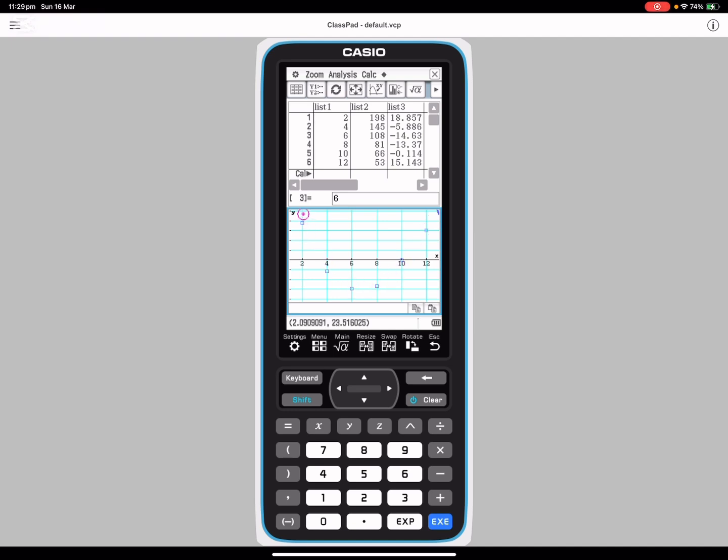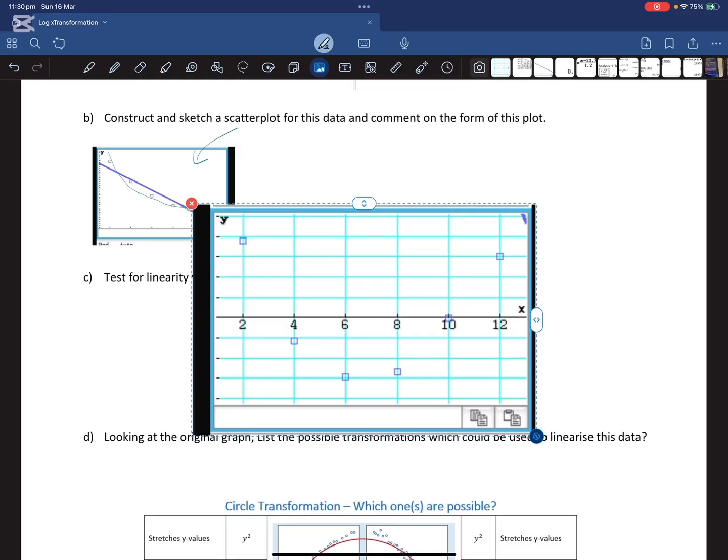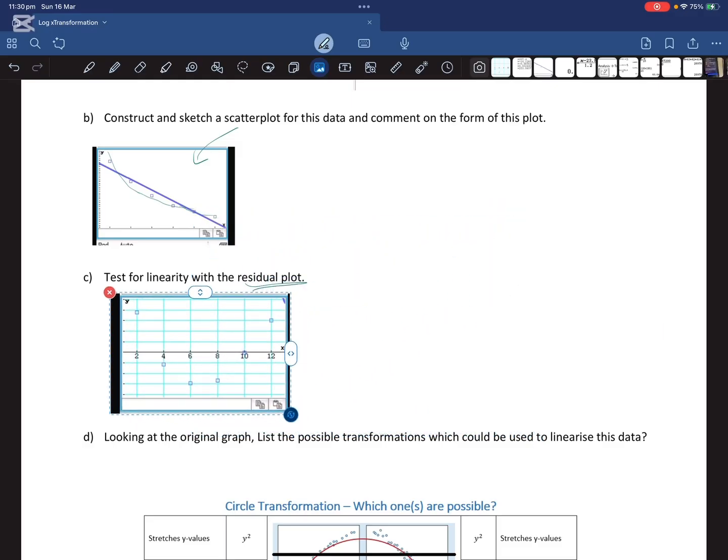A clear pattern in the residual plot means that a transformation is required in order to linearize it. So at the moment, the regression model that we have got is not a good fit for this data because it's forming a clear pattern. Okay, so a pattern in the residual plot means the original data is not linear. It's not a good model.